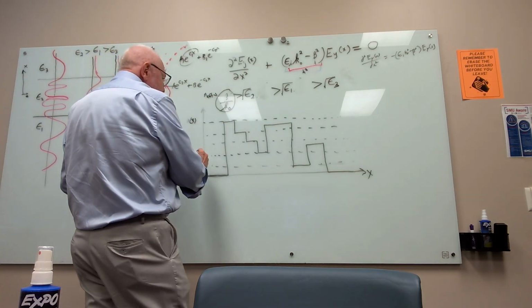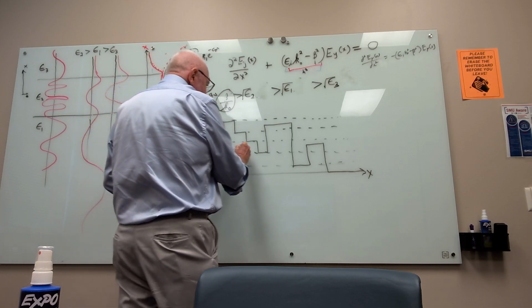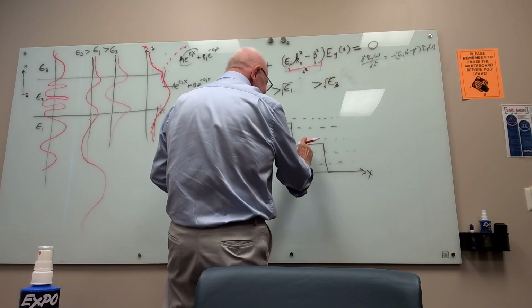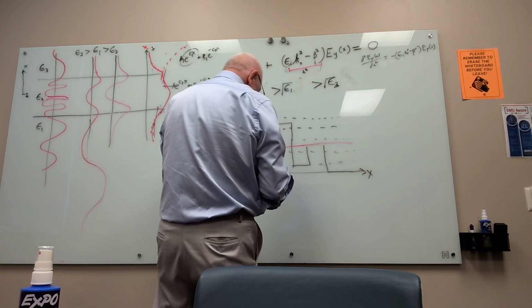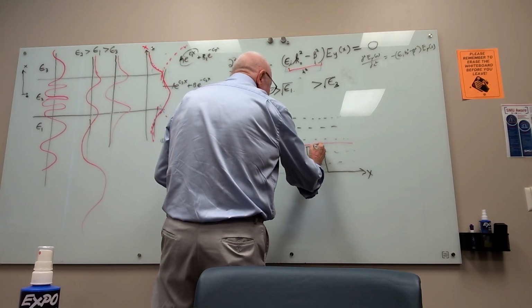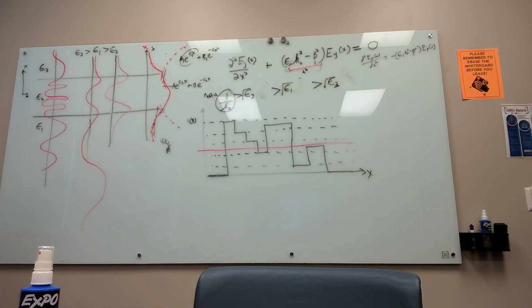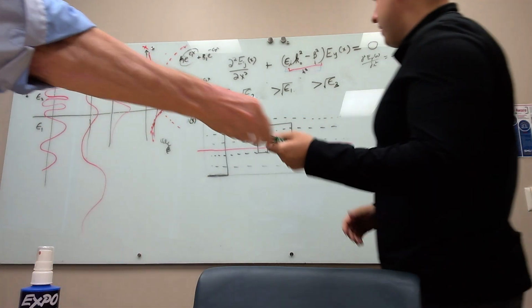So let's say we choose the effective index to be, I guess, here. I can change this. And so we have now to first identify which regions are oscillatory and which are exponential.